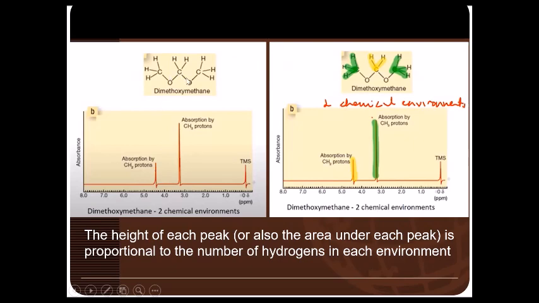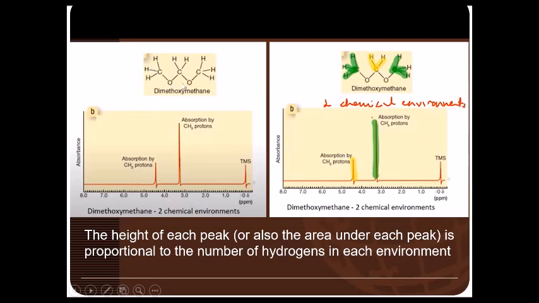Also, one thing I want to point out is that the CH2 is shifted more to the left than the CH3 at the end of the molecule. Another reason for that is that this CH2 is connected to two oxygens instead of only one oxygen, like each of the CH3s on the end.